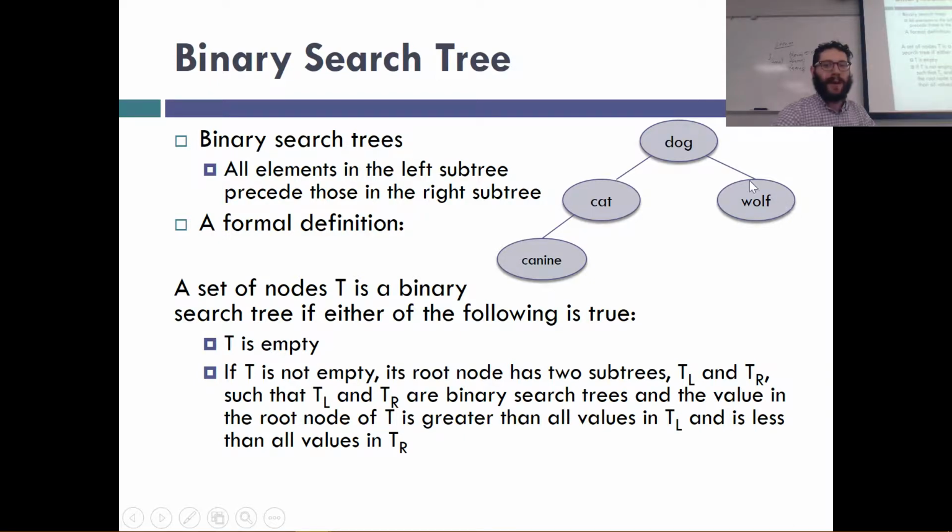So alphabetically, wolf comes after dog, and cat and canine come after dog. But also, for it to be a binary search tree, all my left and right children also have to be binary search trees. So we can't put canine here and then cat here because cat comes after canine.